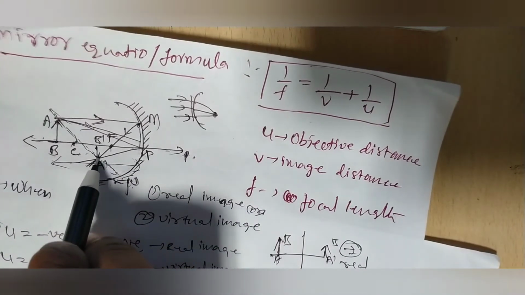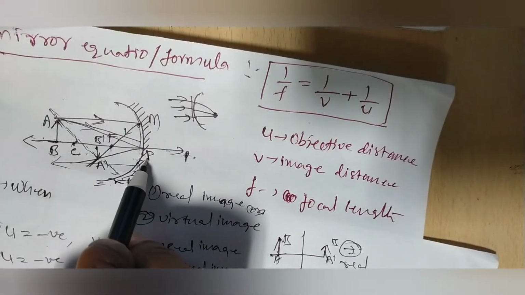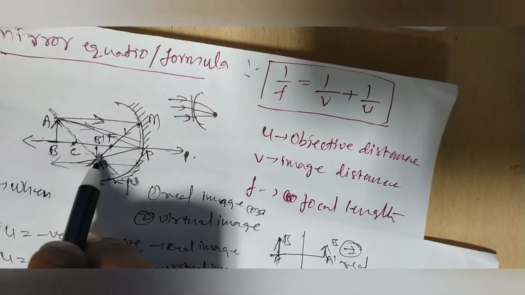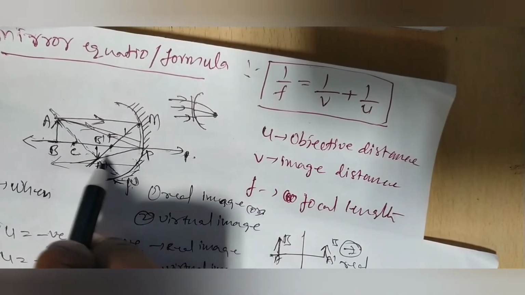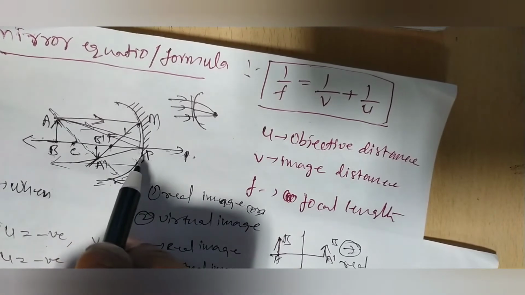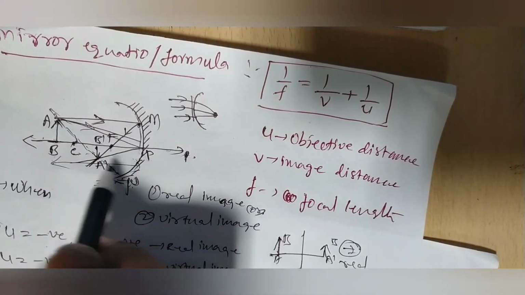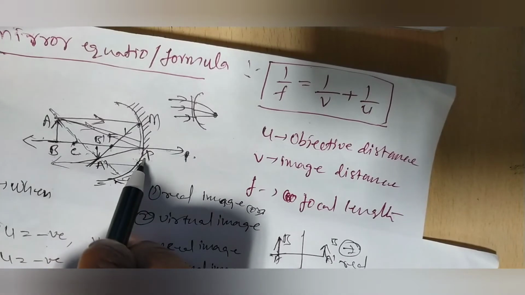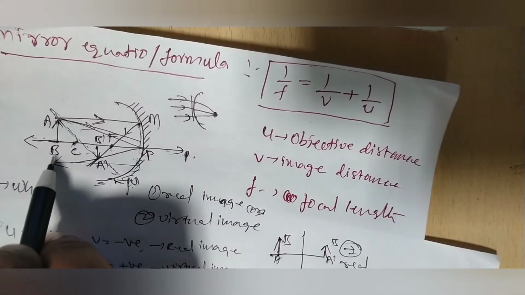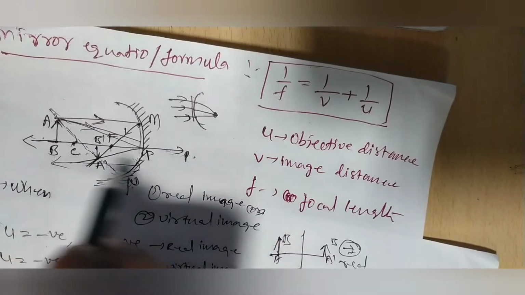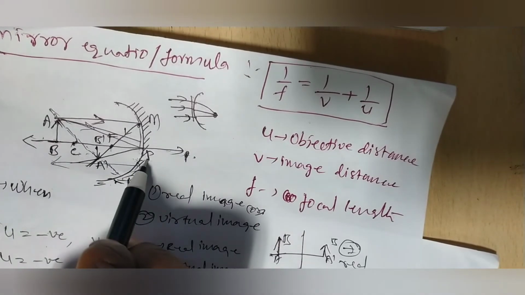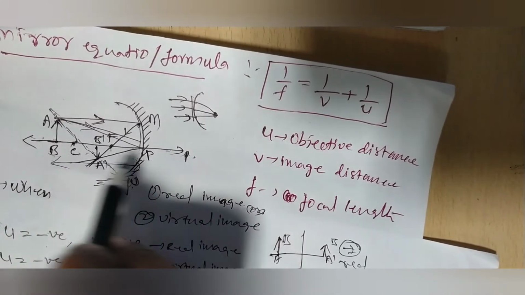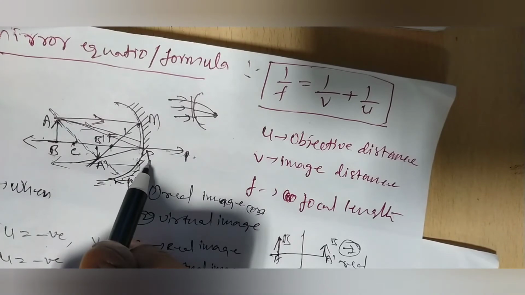From the image B dash to the pole P of the spherical mirror is the image distance. From the object B to P is the object distance.